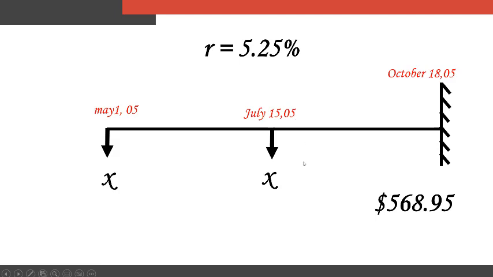Note that $568,950 represents the future value of the two payments X, the first and second X. We need to get X on May 1 and X on July 15.